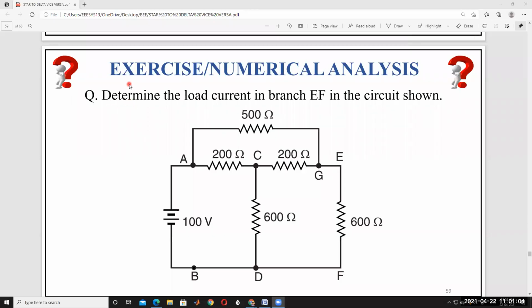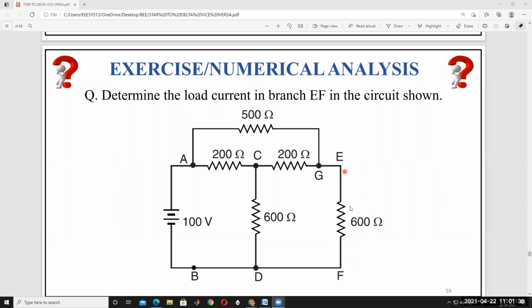So another problem. Exercise numerical problem: determine the load current in branch EF. E and F is called the load. Branch EF in the circuit shown. Determine the load current. Apply star to delta transformation and reduce and simplify this network without disturbing the E and F branch.